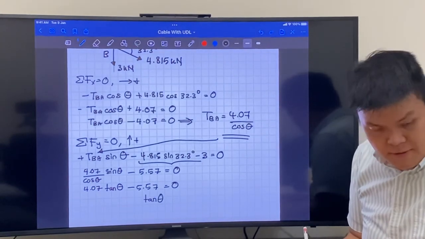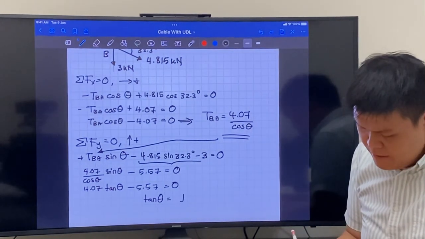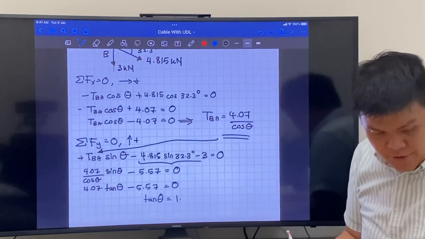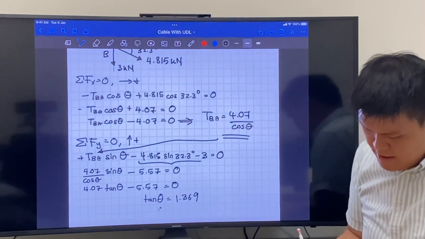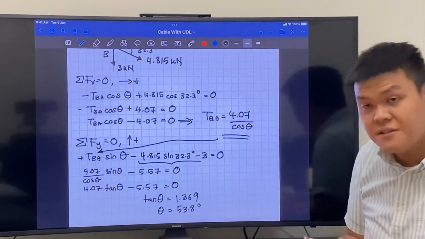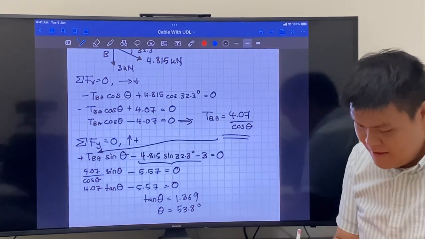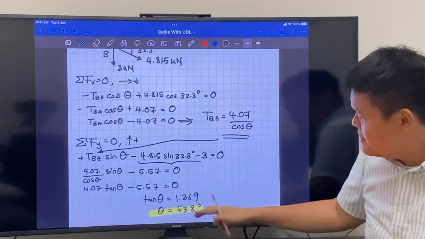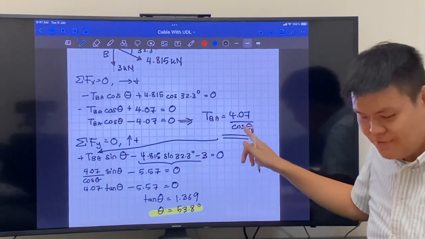Tangent of theta is equal to 1.2369, and theta will become 53.8 degrees. Okay, substitute this back into this formula.